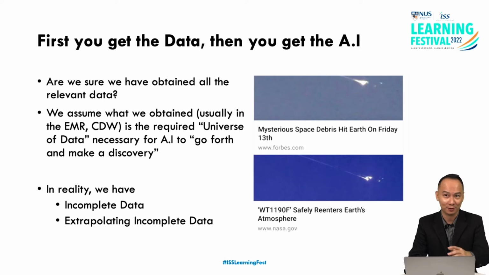Forbes says that mysterious space debris hits Earth on Friday the 13th. Very nice, catchy headline. In reality, NASA has more information. It says that it's actually certain equipment re-entering the atmosphere. Same thing, similar data, but no context, or incomplete data. So you try to extrapolate, and you have very, very different conclusions.